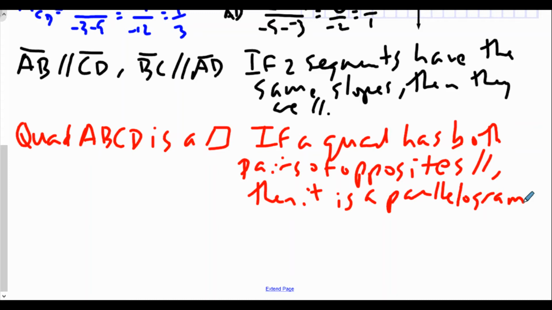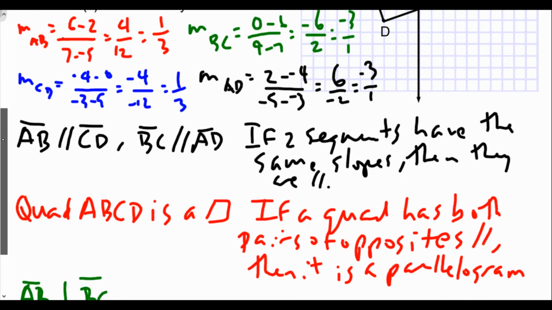Now comes the right angle. We're now going to say in this next step that AB is perpendicular to BC. And you're asking, okay, why is that the case? Well, you'll see AB and BC have slopes 1/3 and -3 over 1.